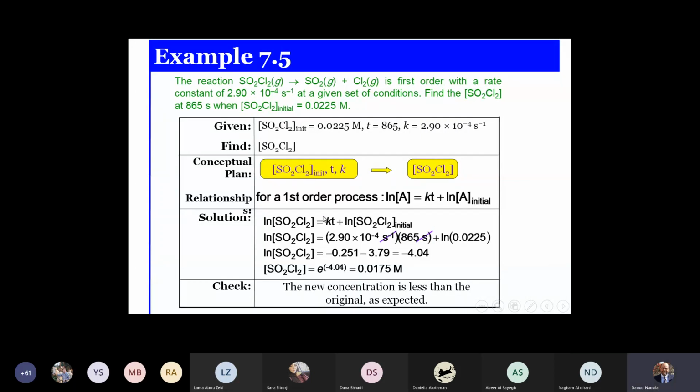We have to put the minus before kt. And we have the initial concentration. So we apply at that time t to find the concentration of SO2Cl2. We will solve this type of exercises in the next session.